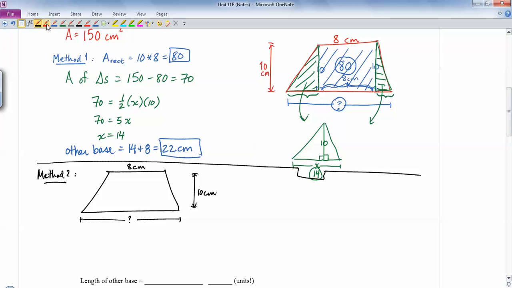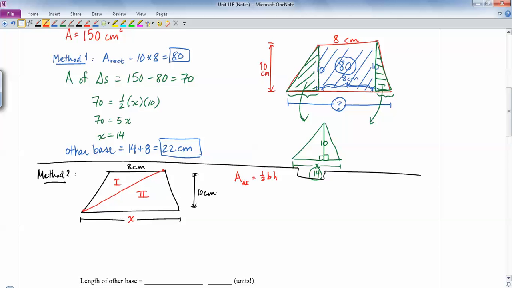Okay, if I slice this thing into 2 triangles with a diagonal right here like this, I'll call this triangle 1, this triangle 2. And this time I'll call the whole base x. Well, the area of triangle 1 is going to be 1/2 its base times its height.